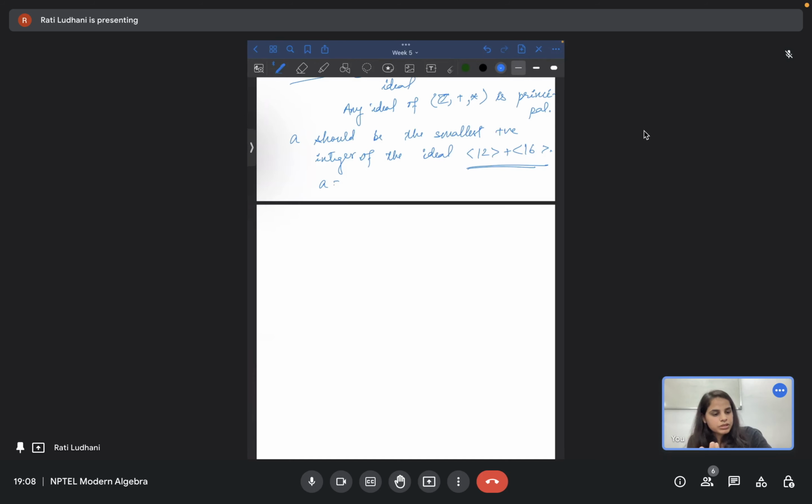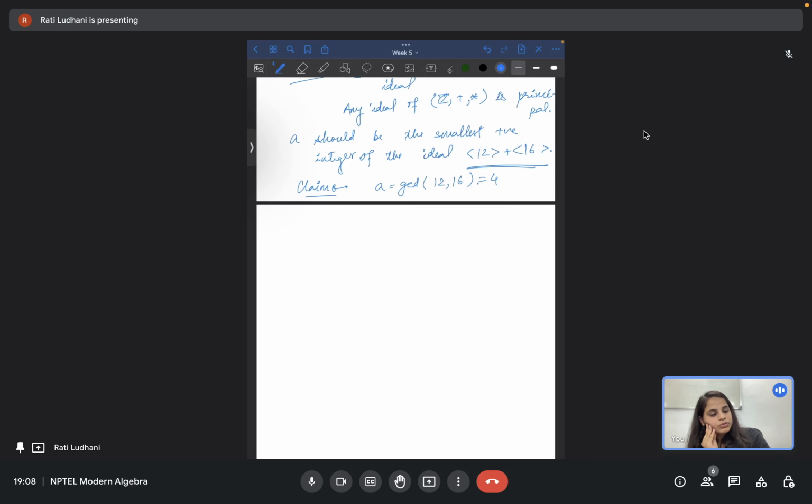I'll write it again as a claim. So the claim is A is equal to GCD of 12 and 16, and that is 4. As you know, GCD of 12 and 16 is 4.